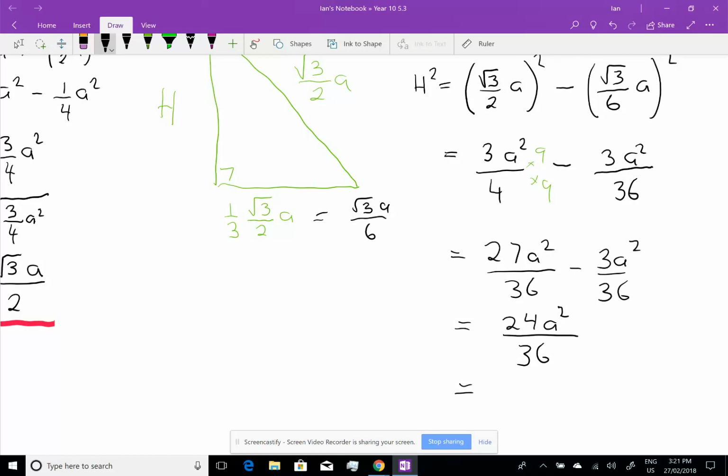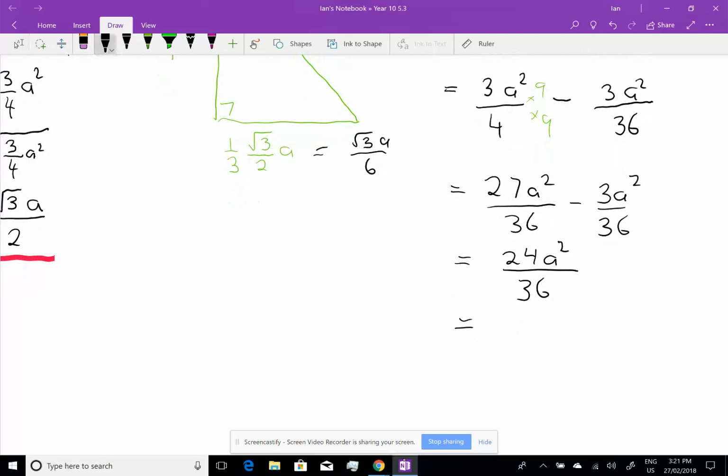I know 6 goes into both of those. 6 goes into that one 4 times, 4a squared on 6. I should have done 12. And 2 goes into both of them, so I get 2a squared on 3.